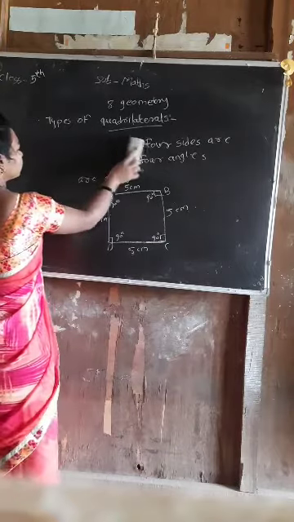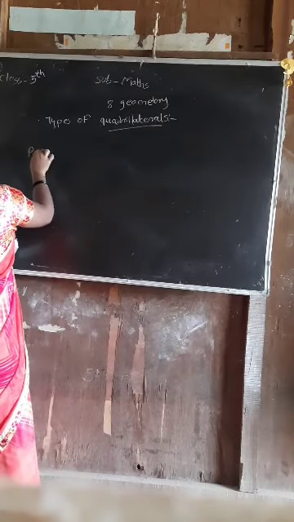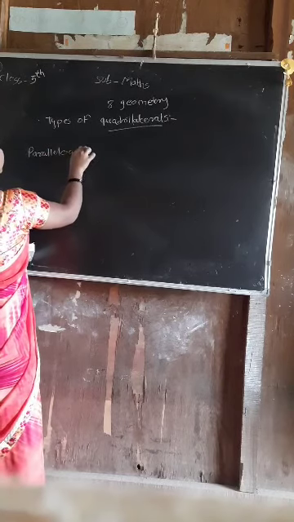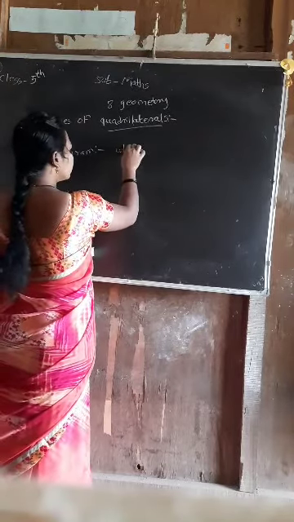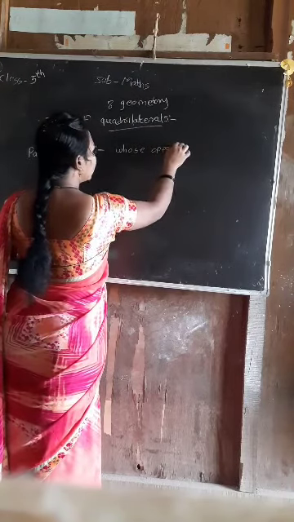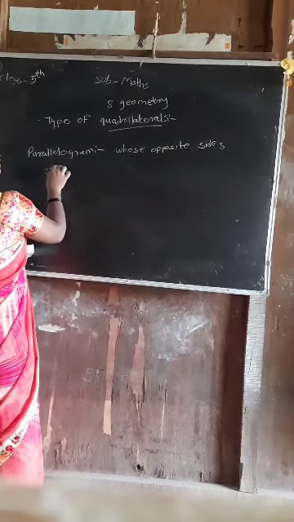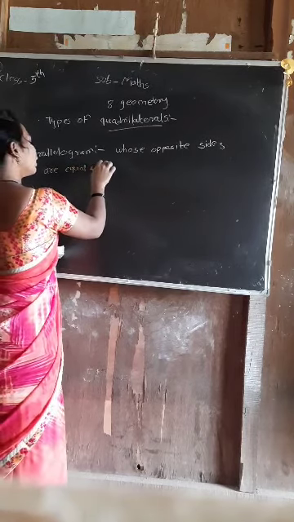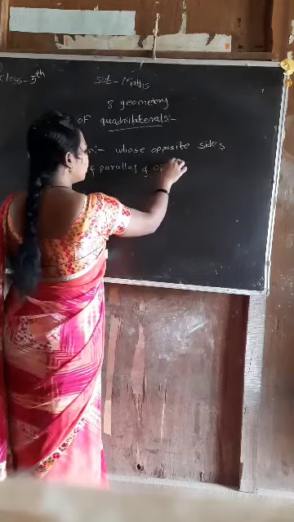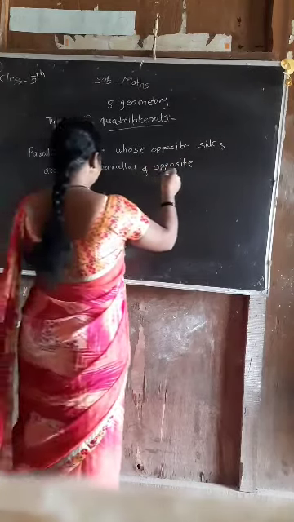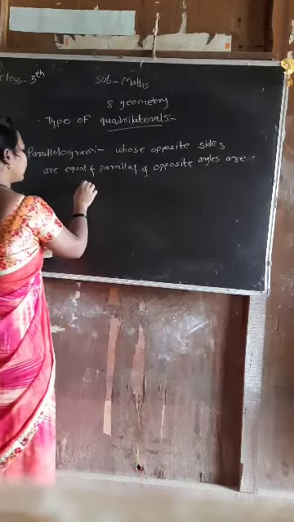Third type is parallelogram. A parallelogram is a type of quadrilateral whose opposite sides are equal and parallel, and opposite angles are equal.